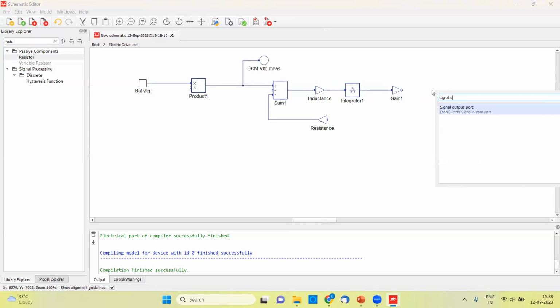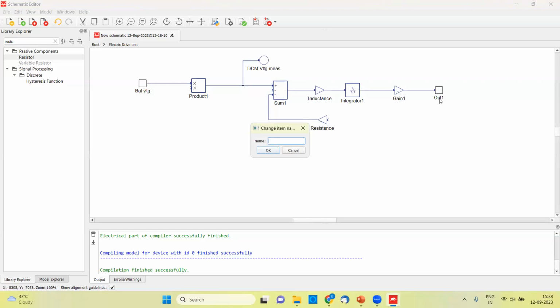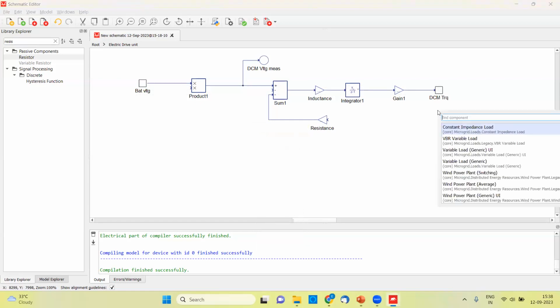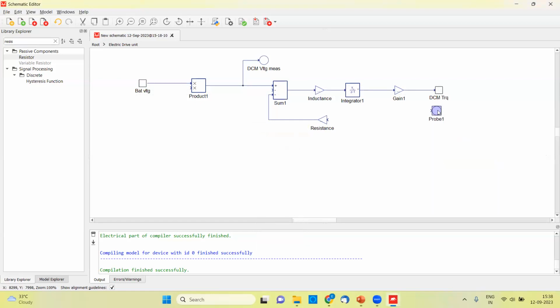So I'm going to use a signal output port, and I'm going to connect it over here. So what is this output generated over here? This is the DCM torque, or the DC motor torque, which is generated. I am going to put a probe also over here, and I will just connect it so that we can view the waveform of this DC motor torque which is getting produced.